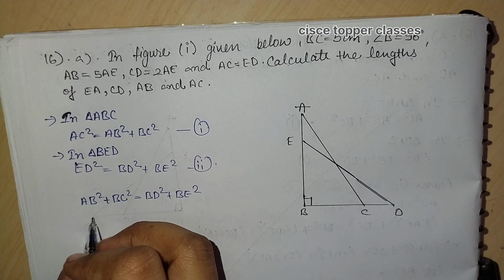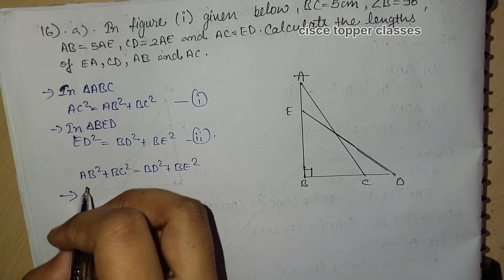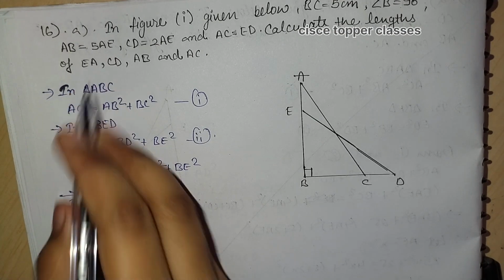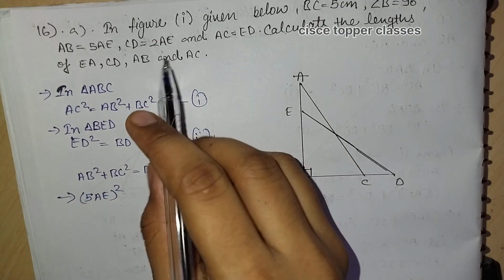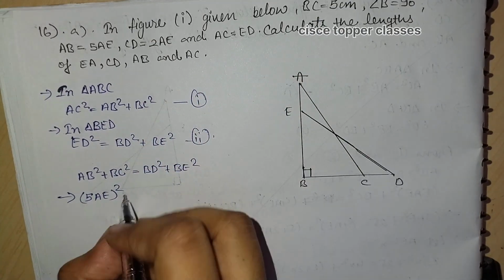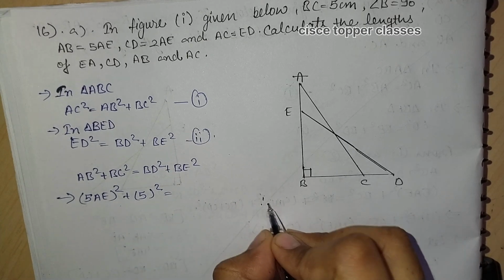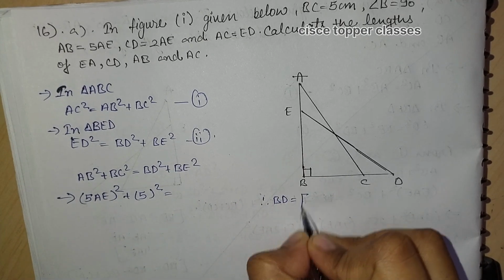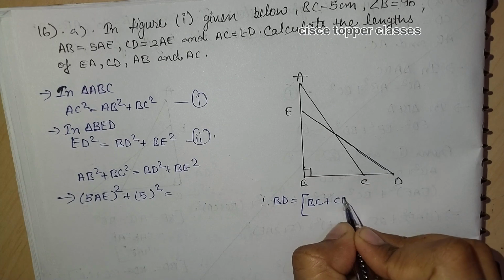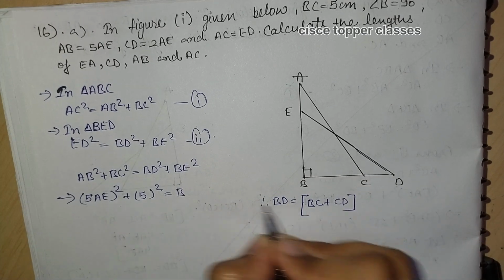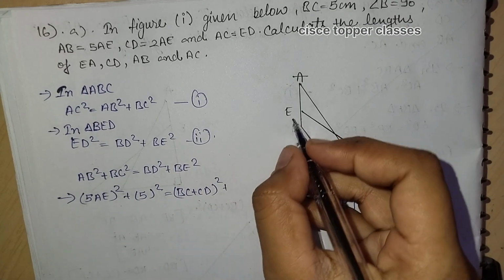Now we will put the value of AB, BC and the rest here. So AB here is 5AE. So we can write (5AE) whole square plus BC, which is given to us as 5 centimeter, so (5) whole square, equal to BD. Here we can write BD is equal to BC plus CD, so (BC plus CD) whole square plus BE square.